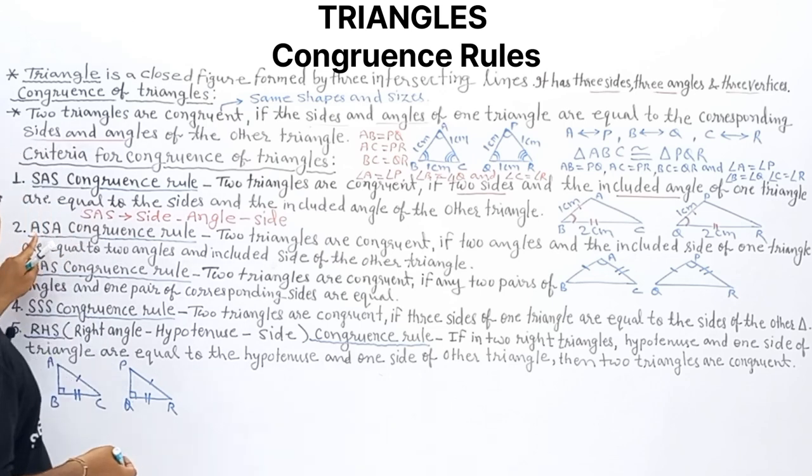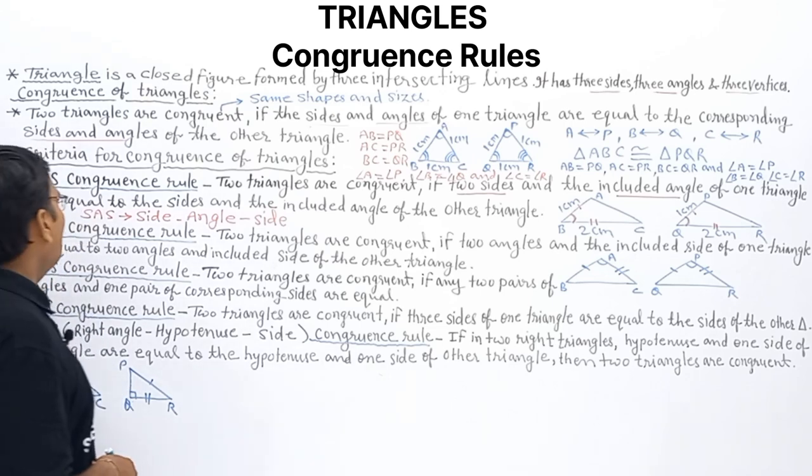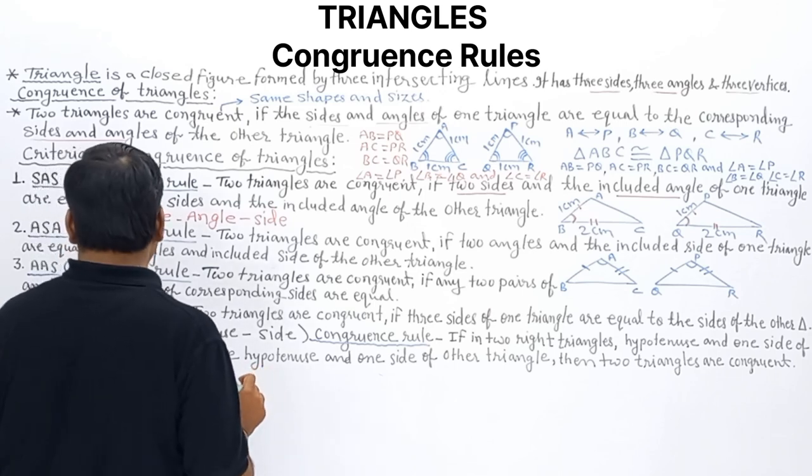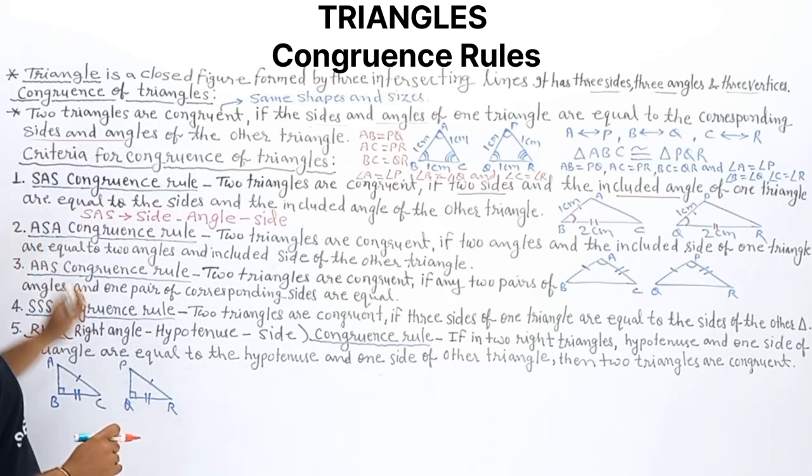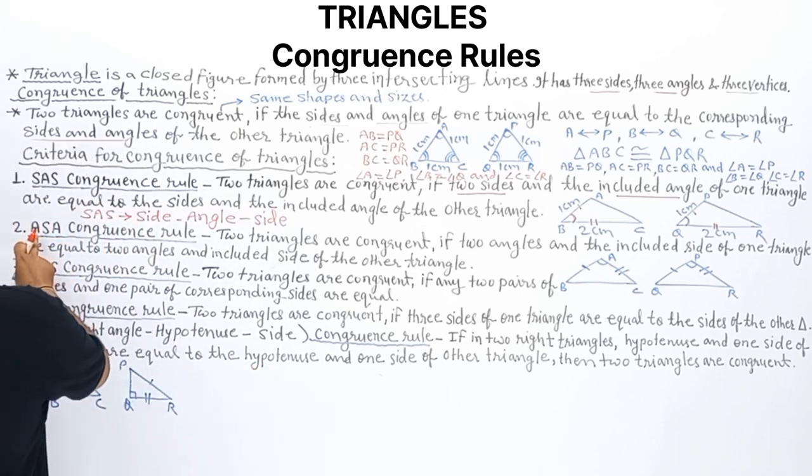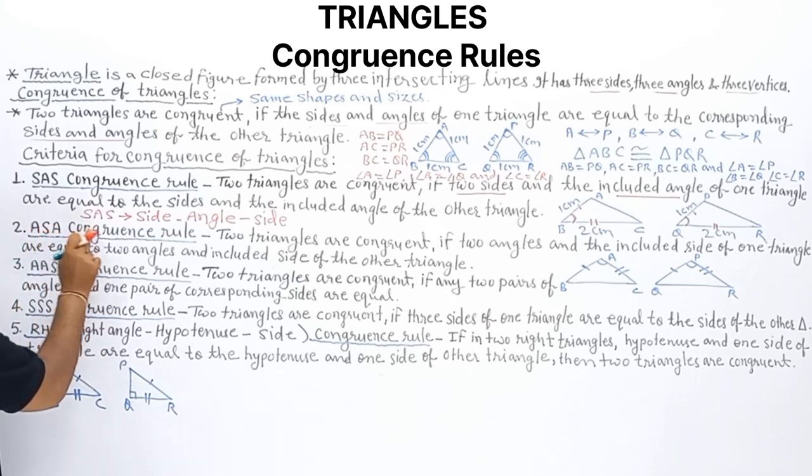Now the second one, ASA congruence rule. What is the meaning of ASA congruence rule? This is the angle side angle congruence rule.